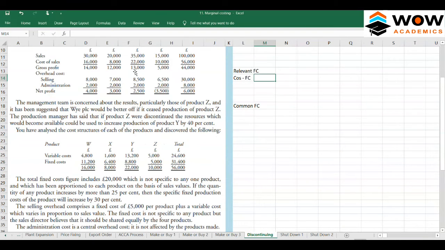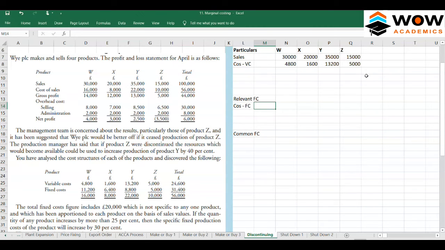The total fixed costs figure includes 20,000. So this 31,400 includes 20,000, which is not specific to any one product. So we can put another column called total. The cost of sales includes a fixed cost which comes under the head common fixed cost. So that common fixed cost is 20,000.